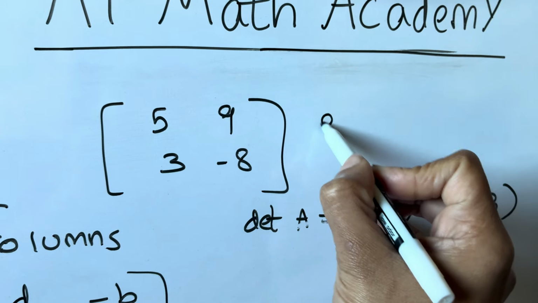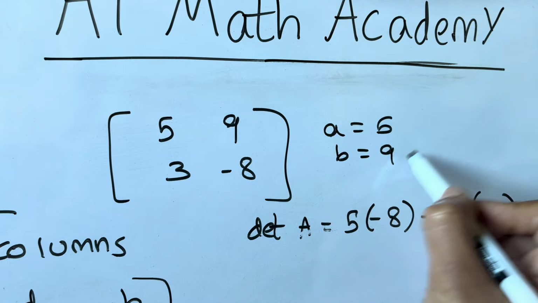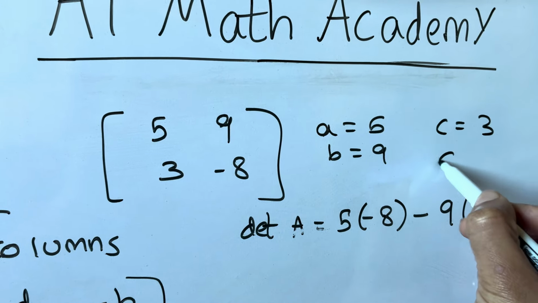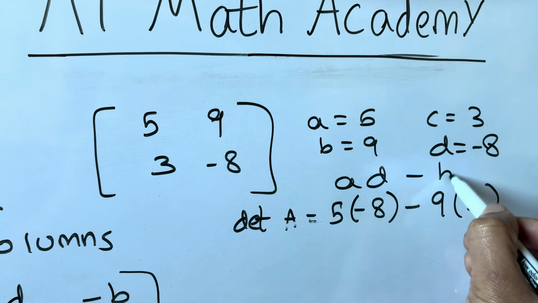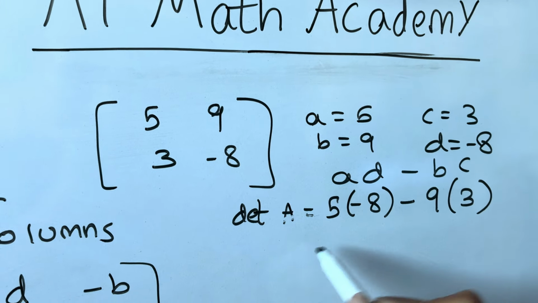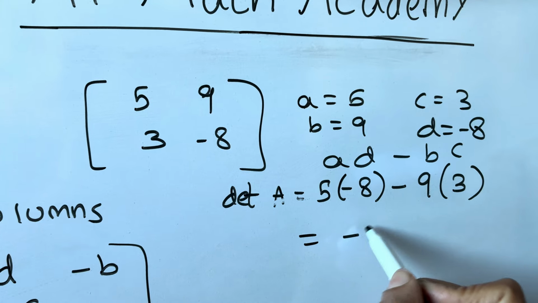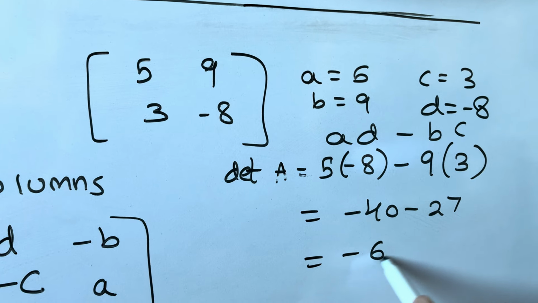So for A I have the value of 5, for B it's 9, for C it is 3, and for D it is minus 8. So A times D minus B times C, 5 times minus 8 minus 9 times 3, which is minus 40 minus 27, which is minus 67.